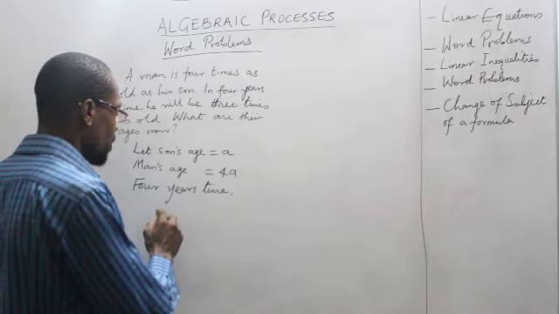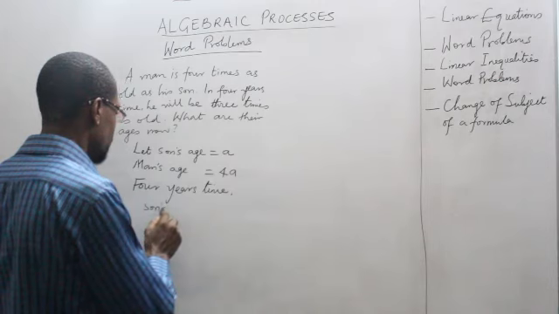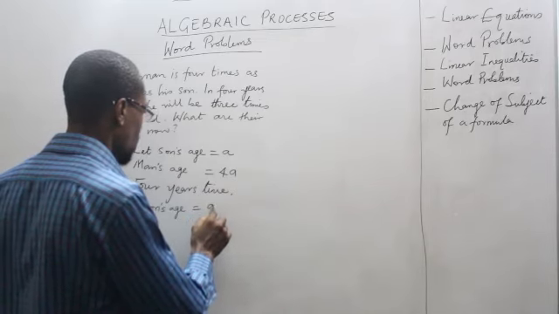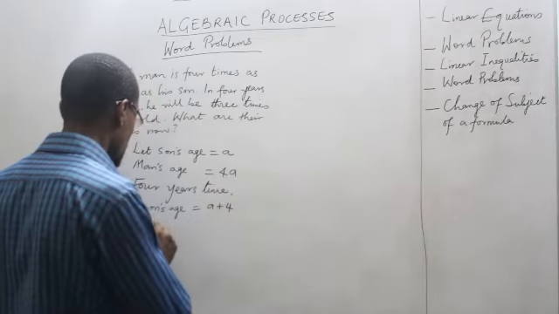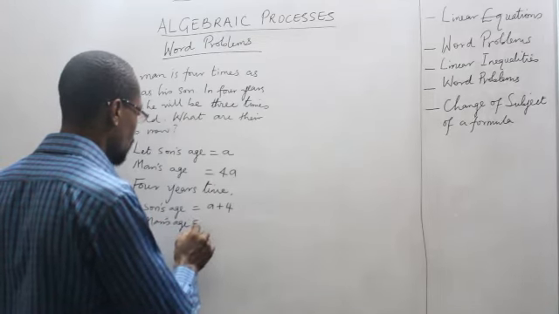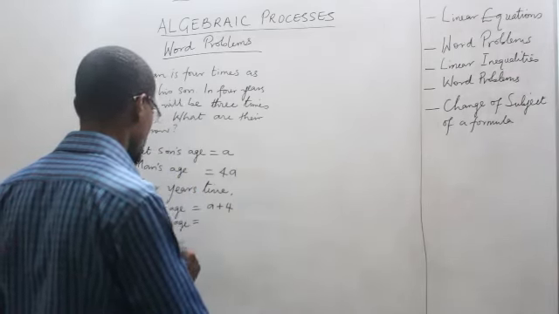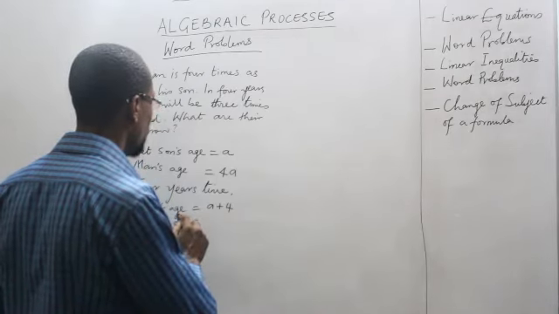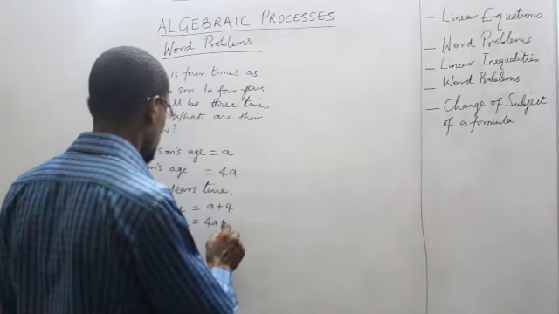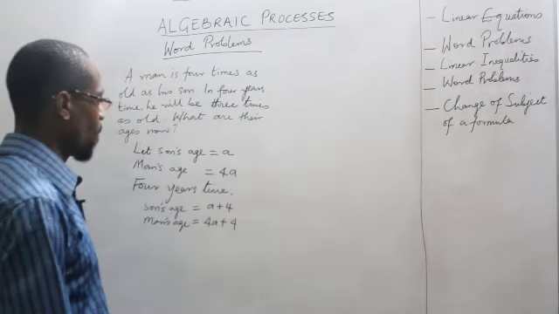So in 4 years' time, we will be having the son's age as A plus 4, and the man's age will be 4A plus 4.